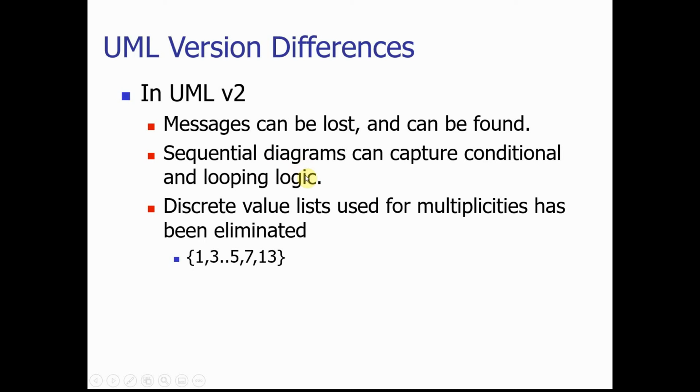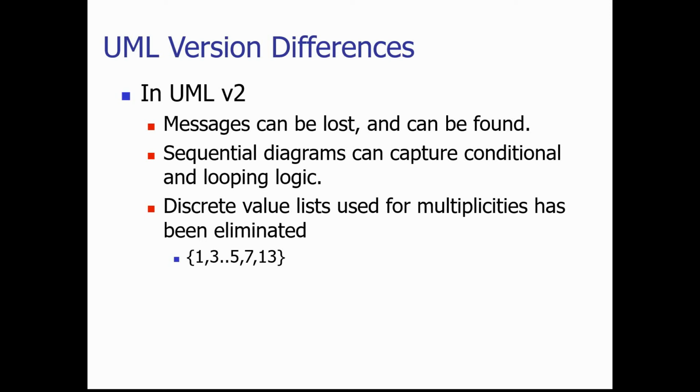Usually the sequence diagram doesn't have this conditional and looping, so by introducing this, they make the UML more flexible. And also they eliminate the discrete value. In UML2, usually they just give a range, but the discrete value they believe is kind of redundant, so they remove it.